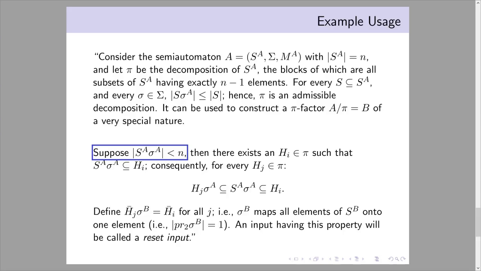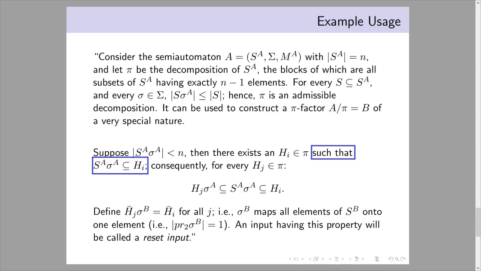There's some state that no matter which state we start off in, after reading the character sigma, we can't wind up in that state. Then there exists some h_i in pi, that is to say that h_i is some set of n minus 1 states, such that S_A sigma_A, the image of our state set, the entire set of states under the character sigma, is going to be a subset of h_i.